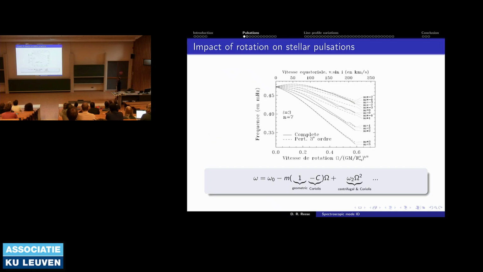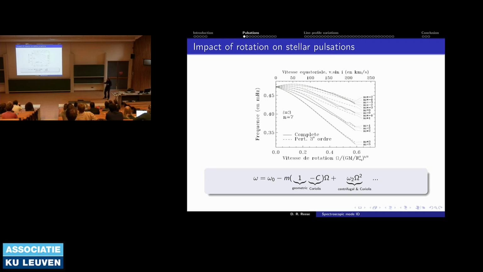So to first order, for non-rotating stars, you have frequency degeneracies. You have different pulsation modes with the same L, the same harmonic degree, the same radial order, but different azimuthal orders. They will all have the same frequency in the non-rotating case.